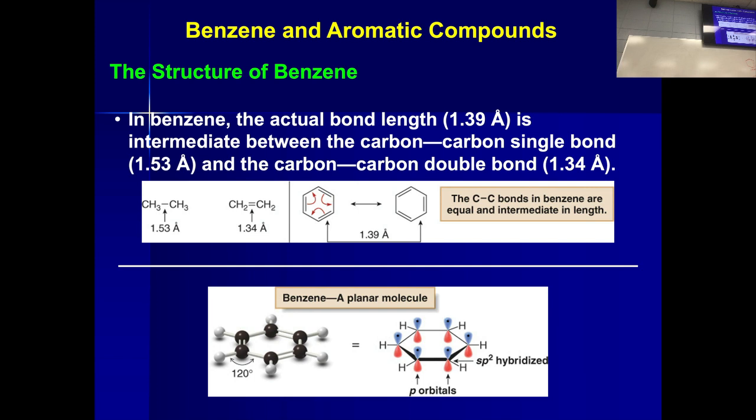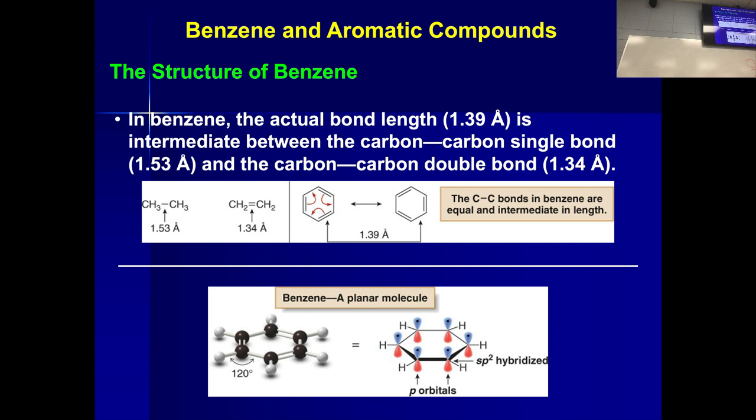Their constant resonance. That's a true statement. Getting ahead of it just a little bit, but that's where we're going with it. Pardon? It's in the middle, isn't it? It's somewhere between a real single bond and a real double bond. It's neither. It's in between because of resonance.